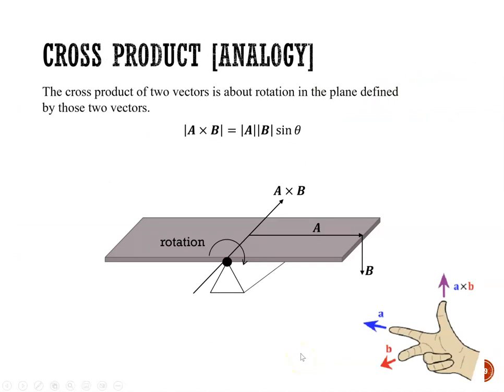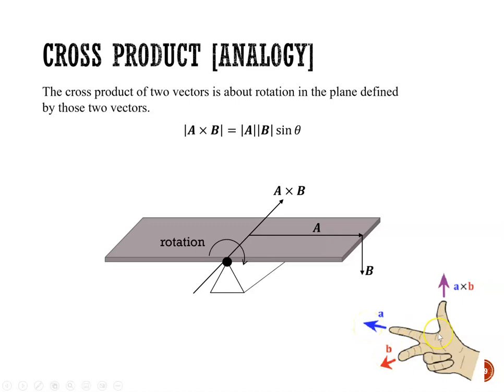The cross product of two vectors is about rotation in the plane defined by those two vectors. So A cross B, which is equal to AB sin theta, like the one we have seen before, actually means the rotation on the plane. You have A showing here, and then B, which is perpendicular.